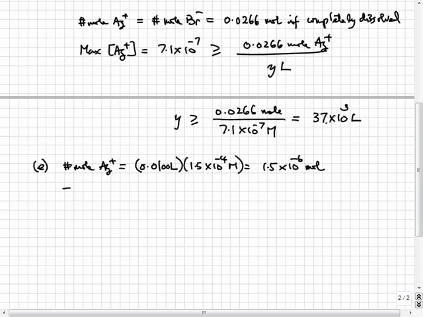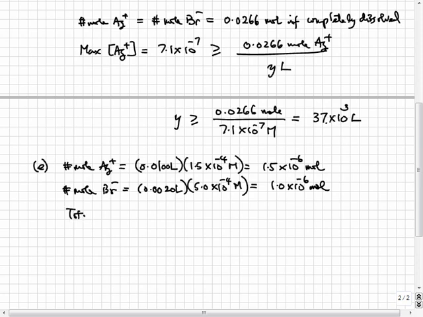We calculate the number of moles of Ag+ and Br- by multiplying the volume in liters by its concentration. The total volume is the sum of the two.